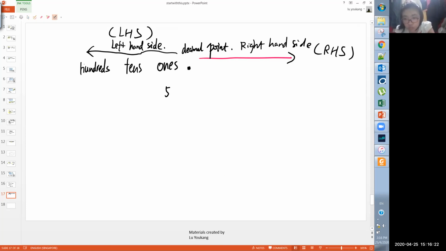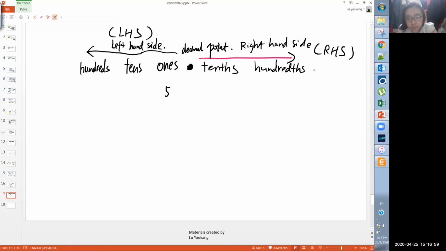So after the decimal point, the right hand side, what is this position? It's called a what position? Tens. Tens, ones. Nope. So this is called the tenths position. So further right is called the hundredths position.